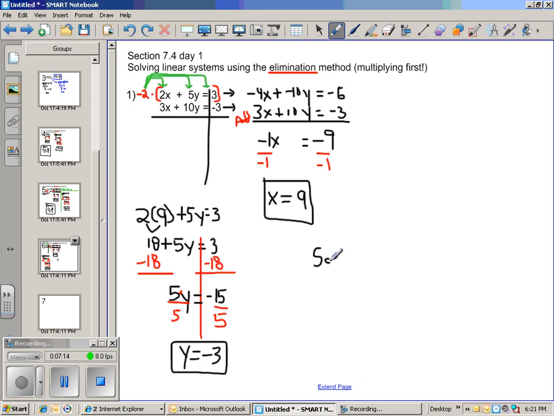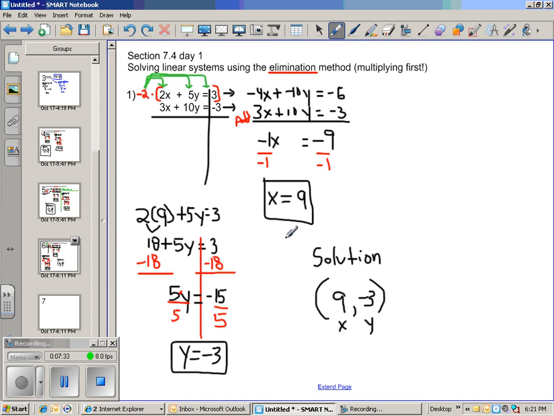We're going to go ahead and write that as our solution to the linear system. And remember, x comes first, and then y.